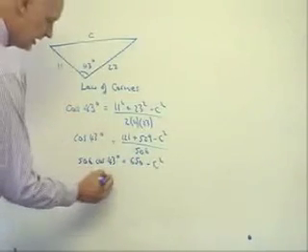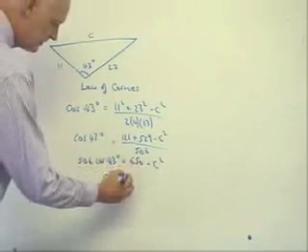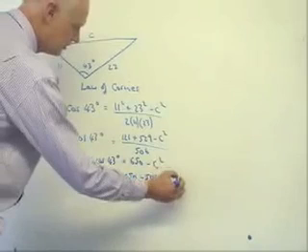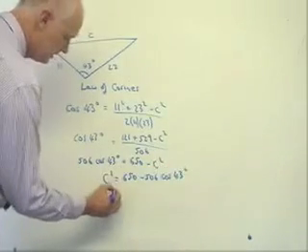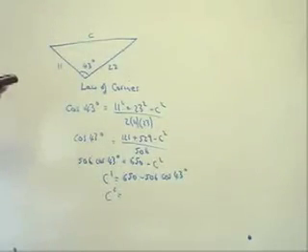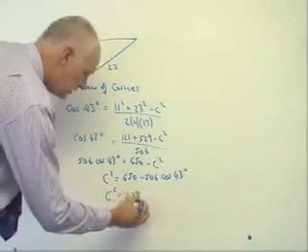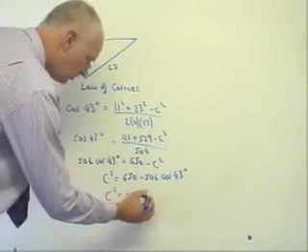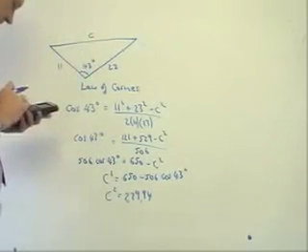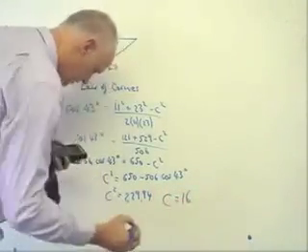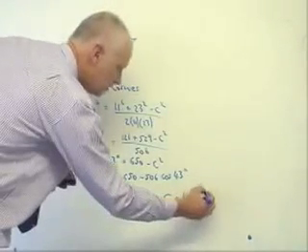Bring the c squared over here and take the rest over there. 650 minus 506 cos 43, and c squared equals 279.94. Square root the answer. C is 16.73.